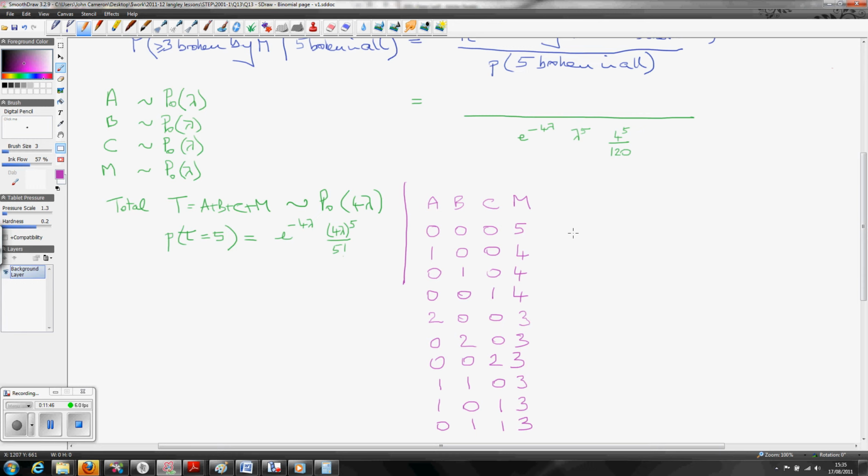And this slightly more laborious way of working this out simply works out the probability of this happening.